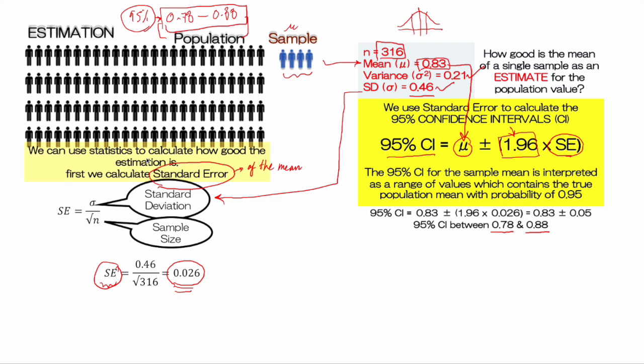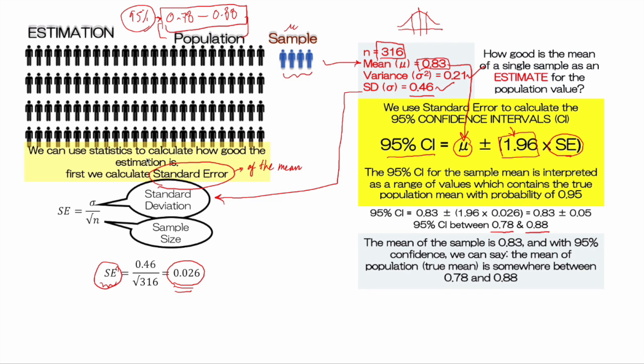To explain the 1.96, you remember when we had the mean in the middle, we had standard deviations in two directions: one standard deviation, two standard deviations. And within this area, 95% of the population lies.